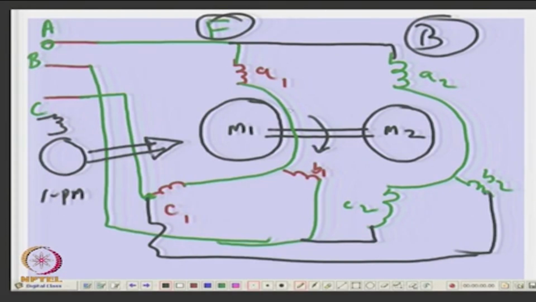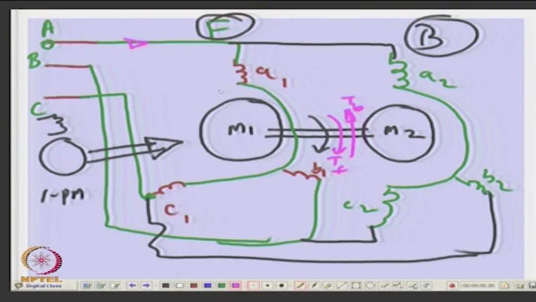One will be producing a torque in one direction. Supposing this is the rotation, there may be one Tf and another will be Tb, right. So, net torque will be the cumulative of these two, and the net current also will be the sum of these two currents. So, this was the concept.